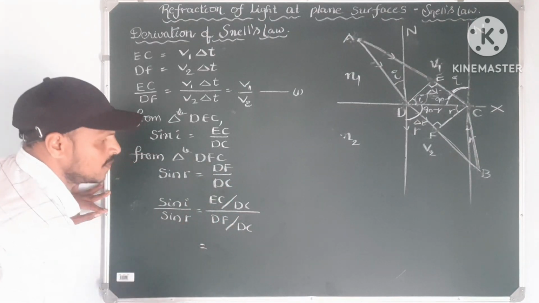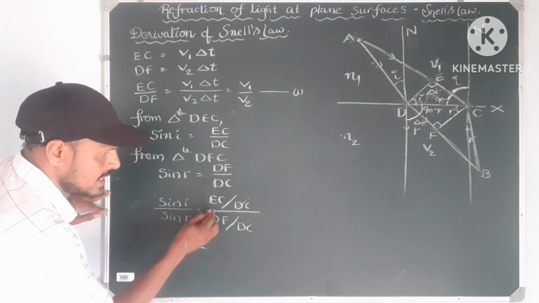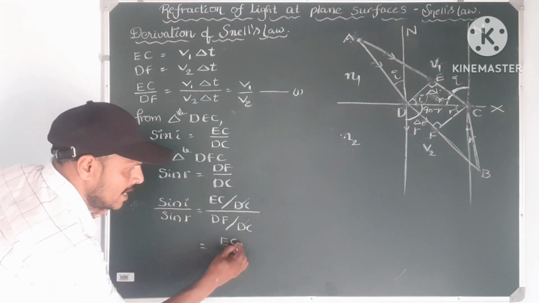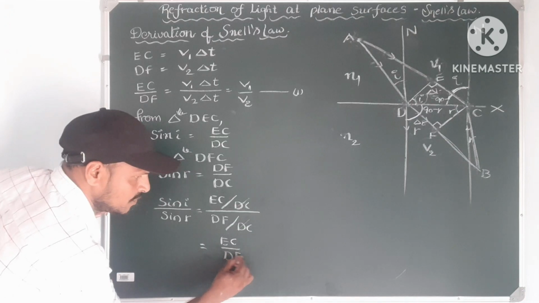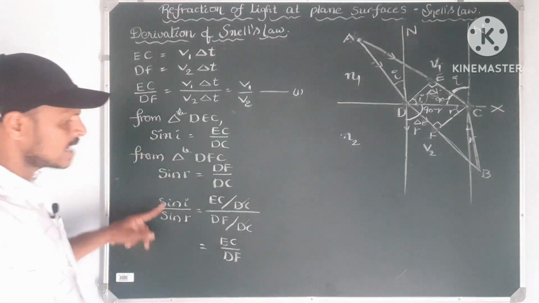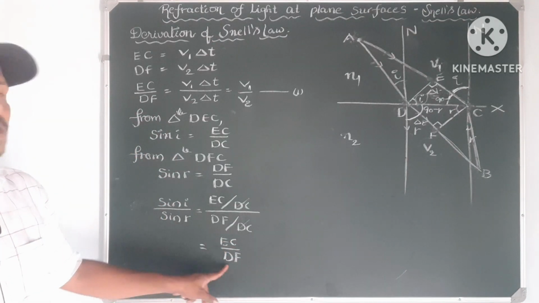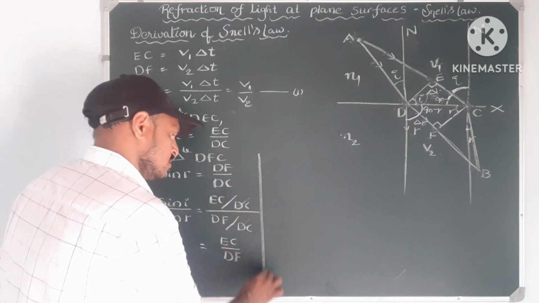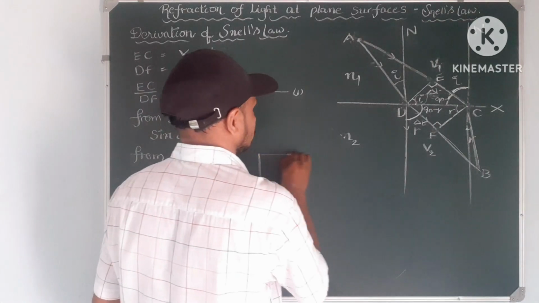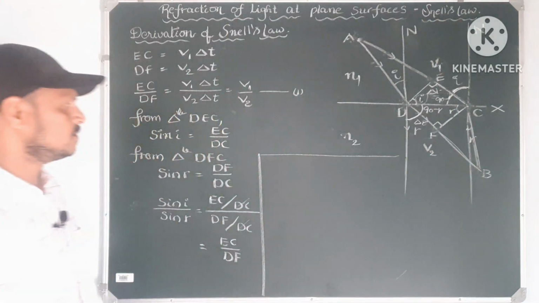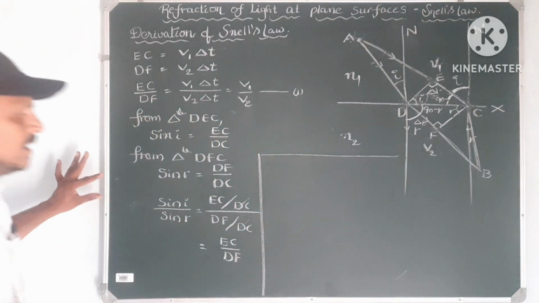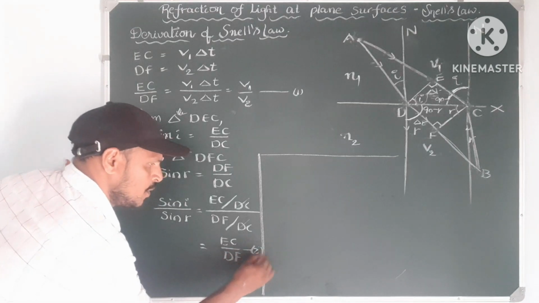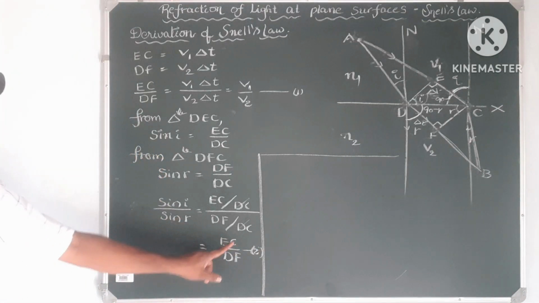So DC cancels. Next, EC by DF. So sine I by sine R is equal to EC by DF. So this is taken as equation 2.